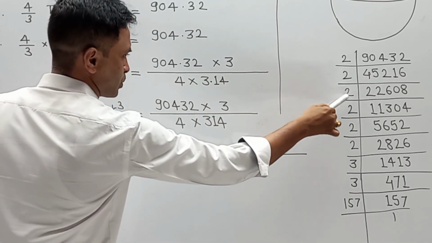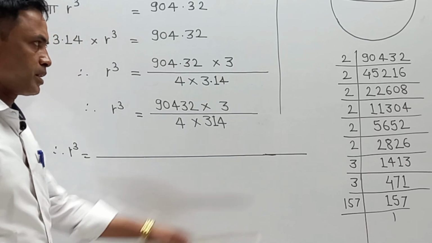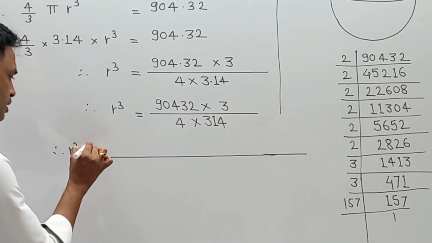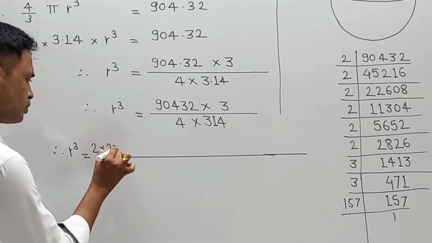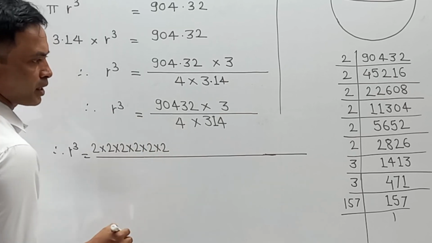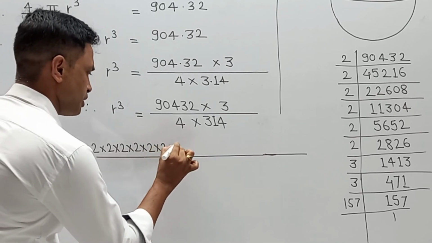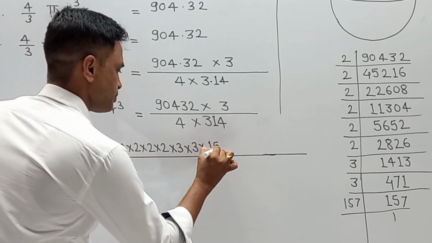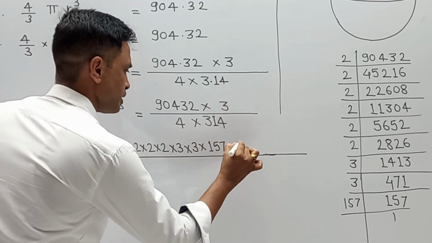So 2 into 2 into 2 into 2 into 2 into 2. This is 1, 2, 3, 4, 5, 6, 6 times. Next 3 into 3, so 3 into 3 into 157 into 3.